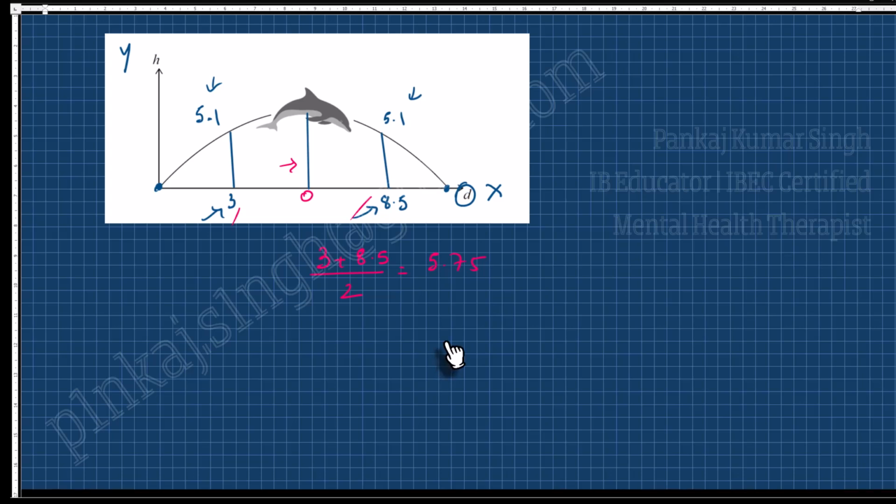So the axis of symmetry, which is 5.75, is also equal to minus b by 2a. So in this case, 2 times negative 0.2, because I know that the equation of the parabola is given to me as minus 0.2 d square plus bd. So here I can transpose this and get the value for b.